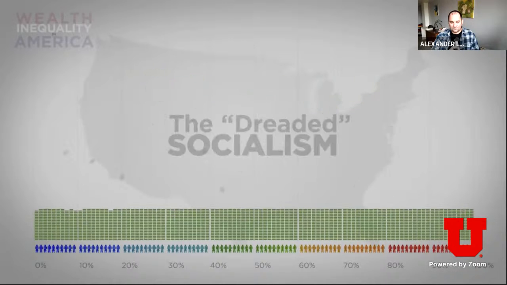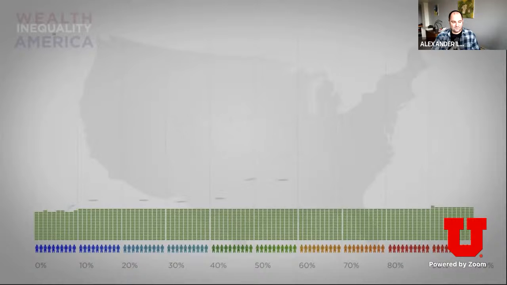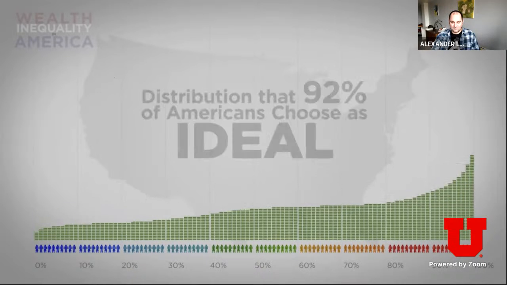Well, here's socialism, all the wealth of the country distributed equally. We all know that won't work. We need to encourage people to work and work hard to achieve that good old American dream and keep our country moving forward. So here's that ideal we asked everyone about, something like this curve. This isn't too bad. We've got some incentive, as the wealthiest folks are now about 10 to 20 times better off than the poorest Americans.